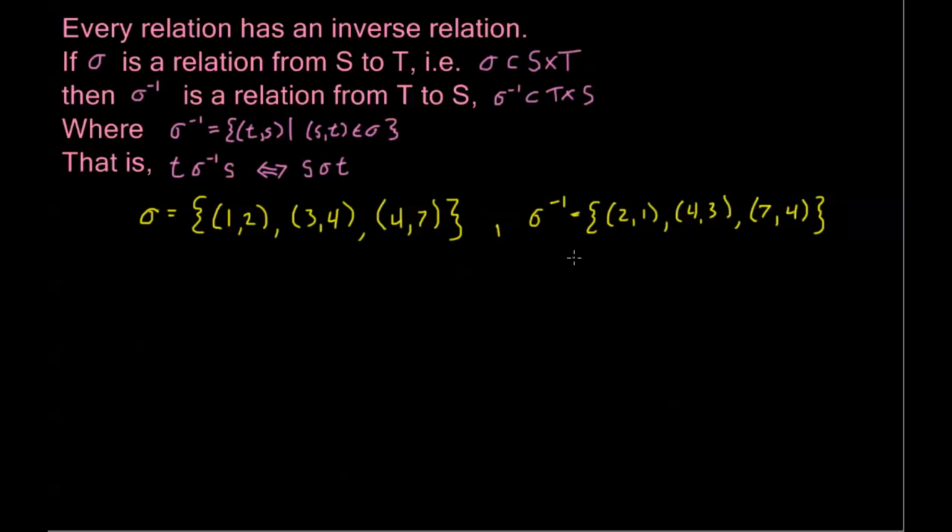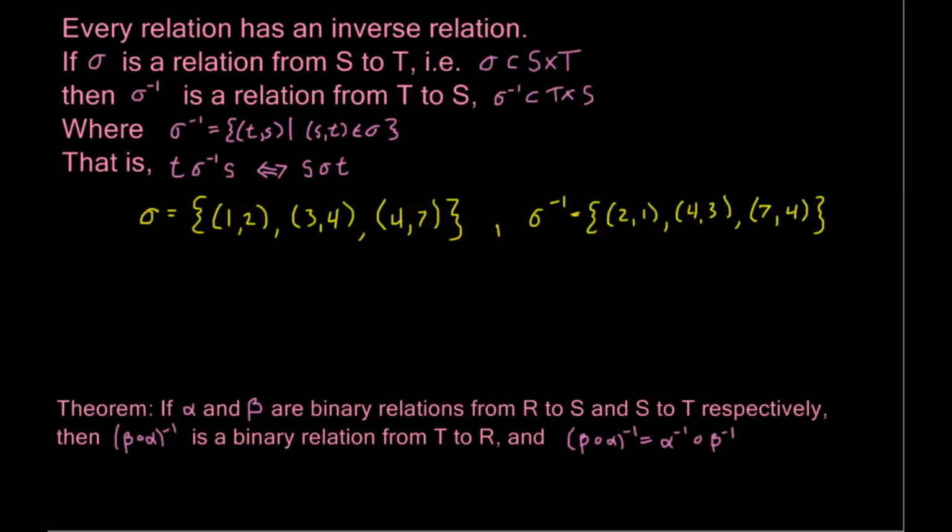Now we talked about composite relations, and composite relations have their own inverses as well. We have a theorem. If alpha and beta are binary relations from R to S and S to T respectively, that means alpha is a relation from R to S and beta is a relation from S to T. Then we know that beta composed with alpha is a relation from R to T. But we also know that (beta composed with alpha) inverse is going to be a binary relation from T to R, the inverse of the binary relation beta composed with alpha.